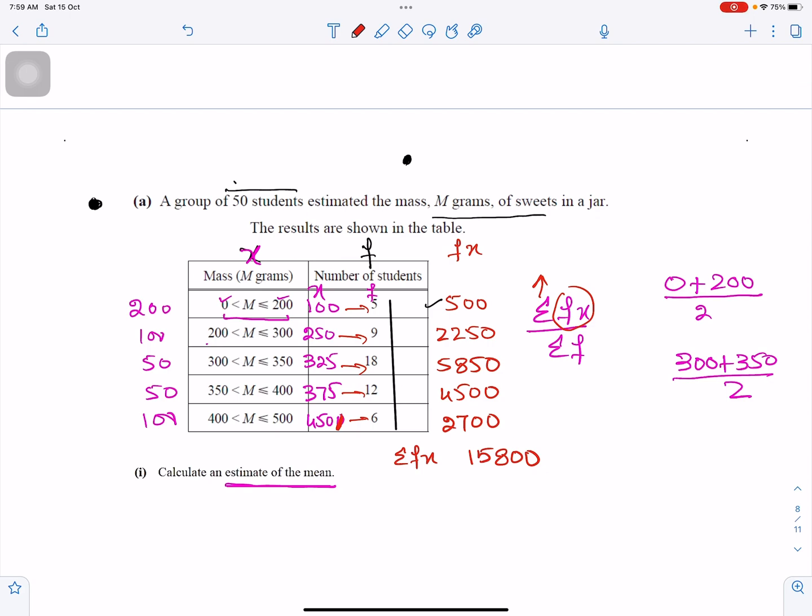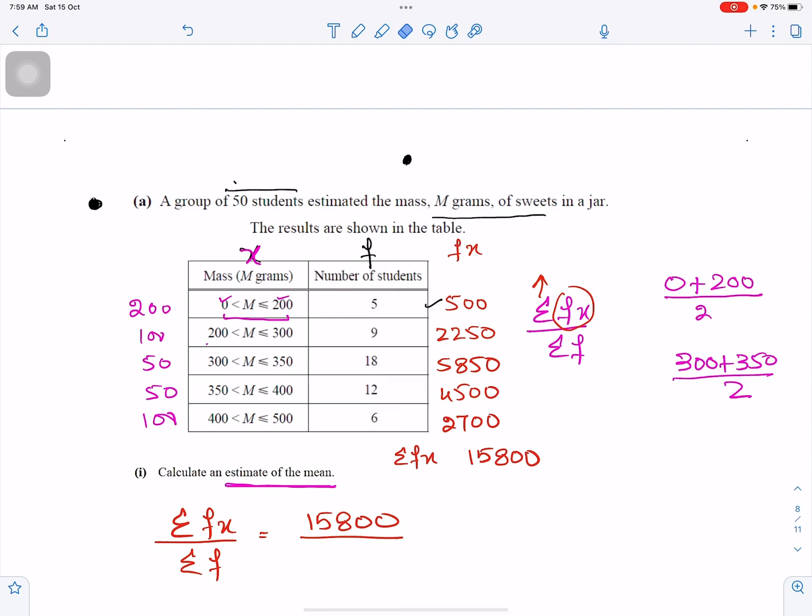Okay, so now because we are calculating the mean and the formula is sigma fx over sigma f, we have calculated sigma fx, which is 15800, and sigma f we know is the frequency. Like I told you, add up all the frequencies. By the way, some students make a mistake.